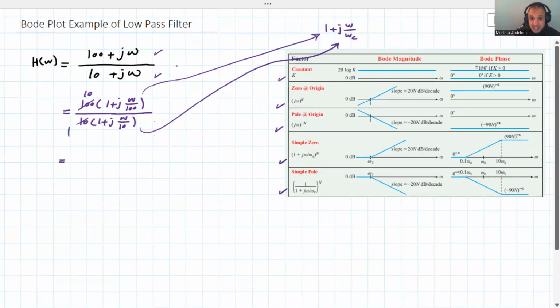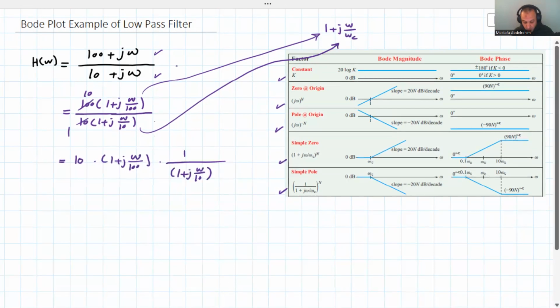So let's write it in this way: 10 multiplied by 1 plus j omega divided by 100, multiplied by 1 divided by 1 plus j omega over 10. What is that? 10 is like K, the constant case.